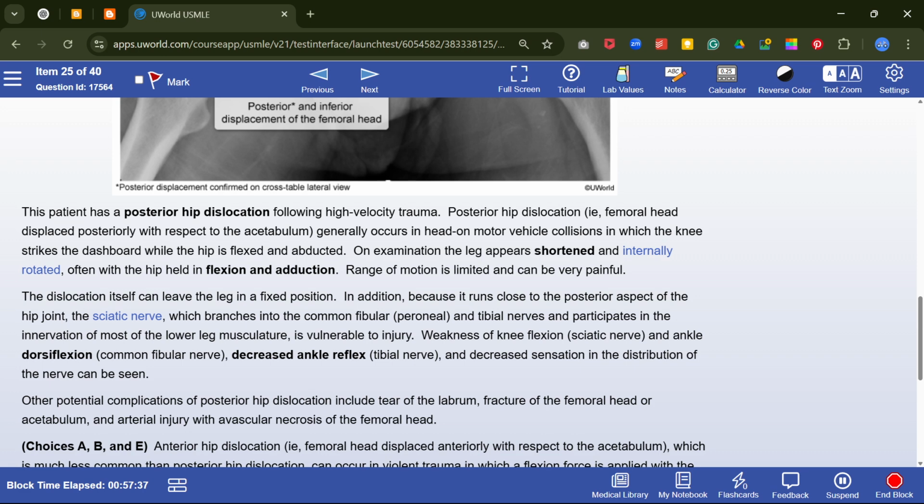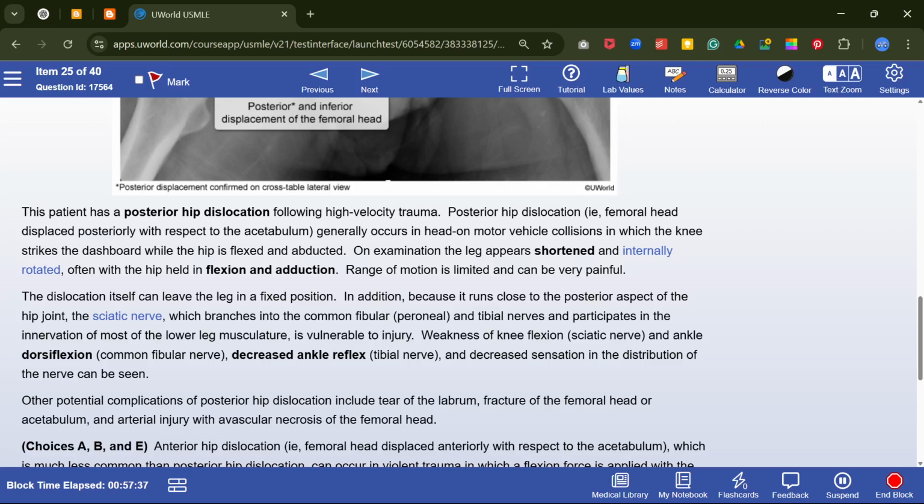On examination, the leg appears shortened and internally rotated, often with hip flexion and adduction. Range of motion is limited and can be very painful. The dislocation itself can leave the leg in a fixed position.